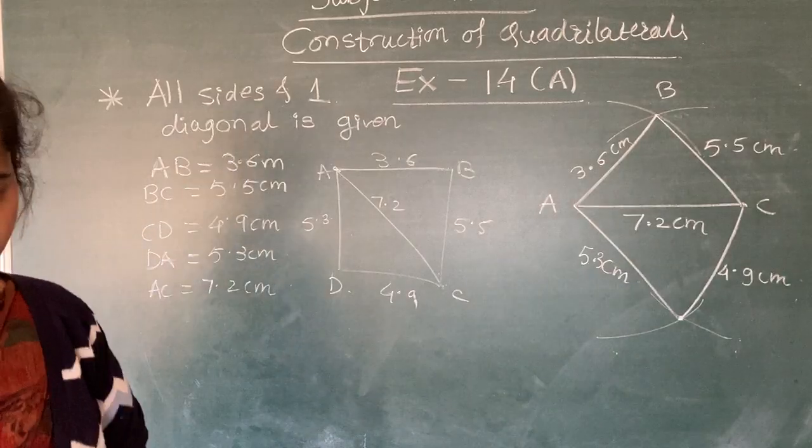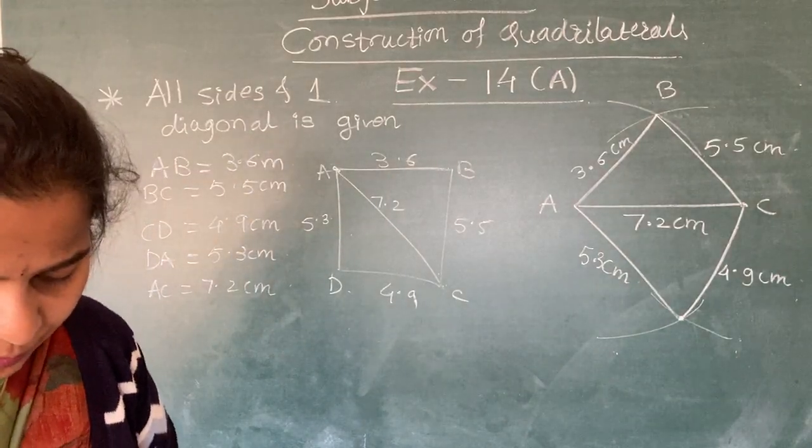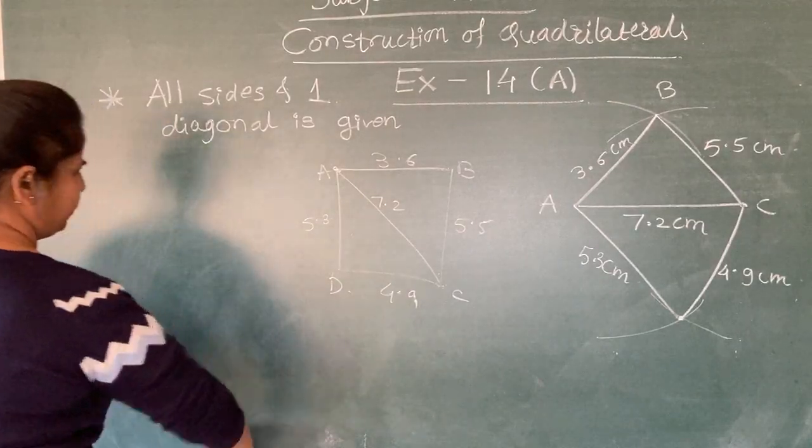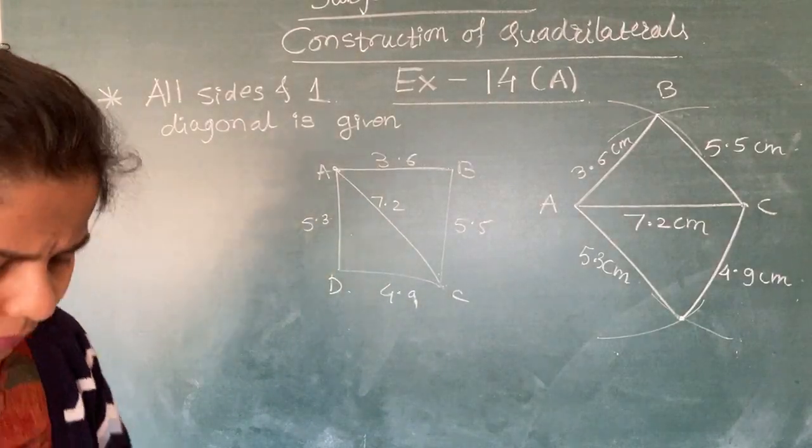First one I'm done. I will go for the second one. PQRS, where what is given here in the second example?